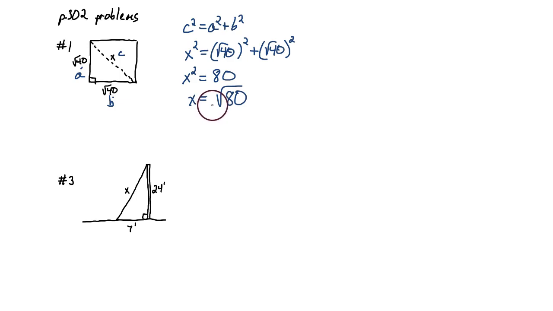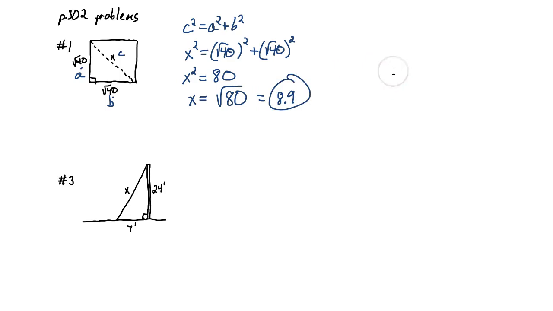But we have a real-life problem this time. Can the length within a square be a negative number? Does that make any sense? Well, no, it doesn't. So I'm not going to put plus minus. I only want the positive answer. So we could leave our answer as the square root of 80, or we could get a decimal for that on the calculator. This rounds off to 8.9 units.